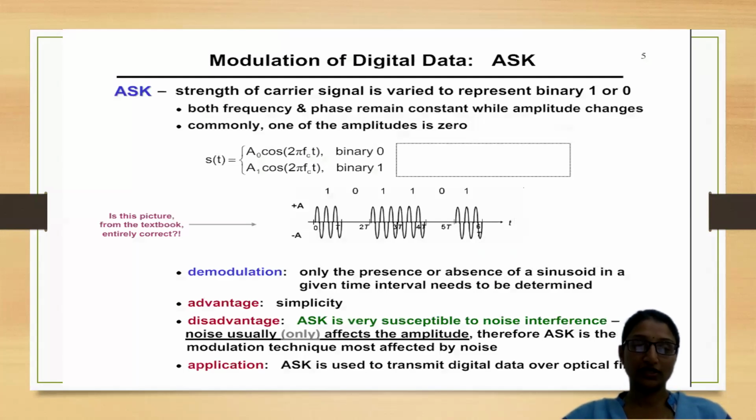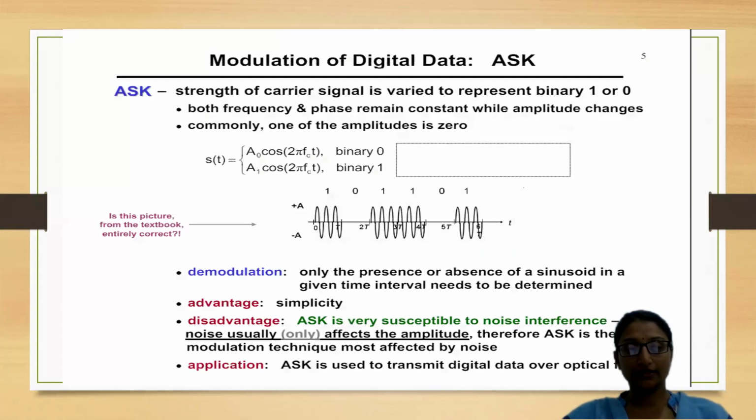So noise usually affects the amplitude. Therefore, ASK modulation technique is mostly affected by noise. So as it is simple, that is the advantage, but the disadvantage is noise interference is much more when compared to the other two, FSK and PSK shift keys. Coming to the application, it is used to transmit digital data over optical fiber. This is all about ASK basic definition.